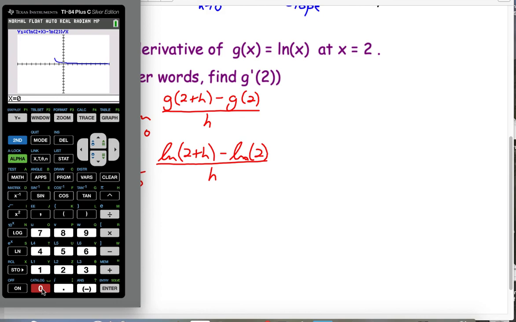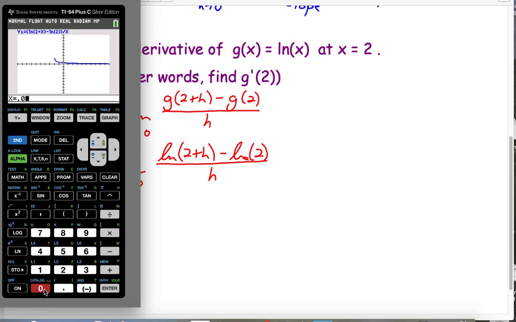And you can see it's undefined, obviously, because there's a hole in the graph at 0. But if I get really close, so let's see, how about 0.1? My y value is about 0.487, so let's say 0.49. How about 0.01? 0.498.